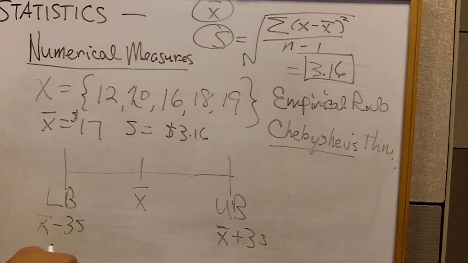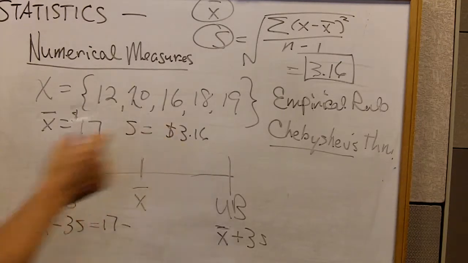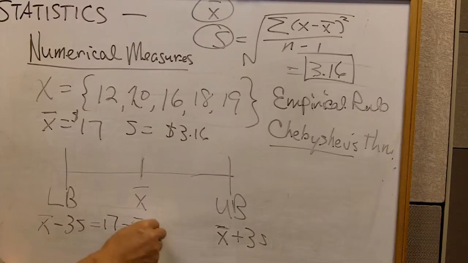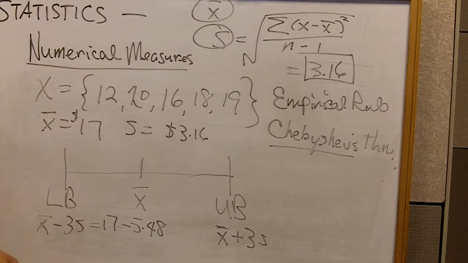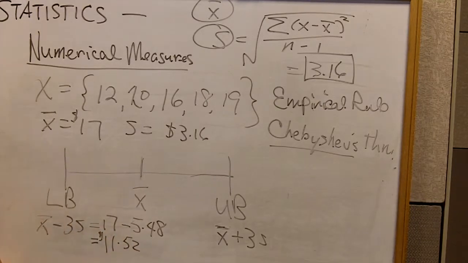That would be the upper bound. So in this case, the X bar is equal to 17 minus 3 times S. So 3 times standard deviation is, let's see, 5.48, something like a 5.5, and so that would give us, I believe, $11.52. That would be the lower bound.